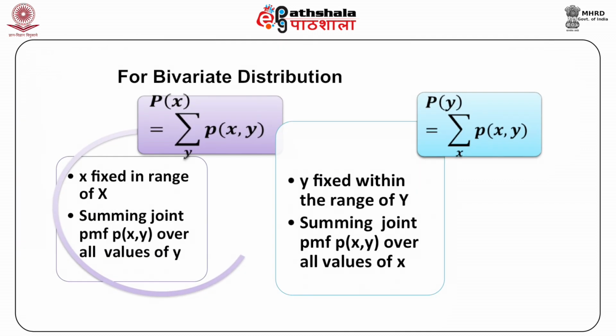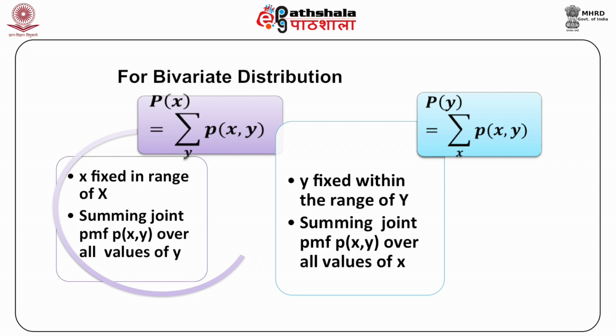In the case of a bivariate distribution, when x and y are jointly discrete random variables, the marginal probability mass functions px and py are: px is equal to sigma over y of p(x,y), keeping x fixed within the range of x and summing the joint pmf over all possible values of y. Similarly, py is equal to the summation over x of p(x,y), keeping y fixed within the range of y and summing the joint pmf over all possible values of x.